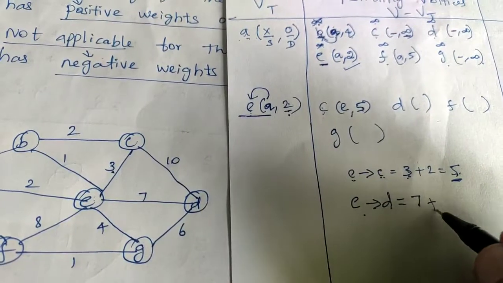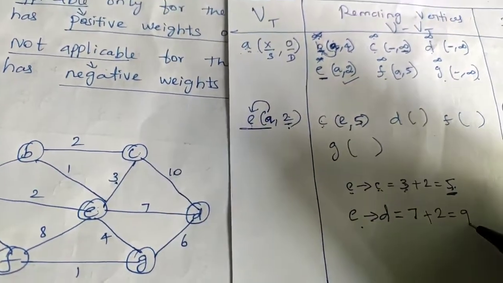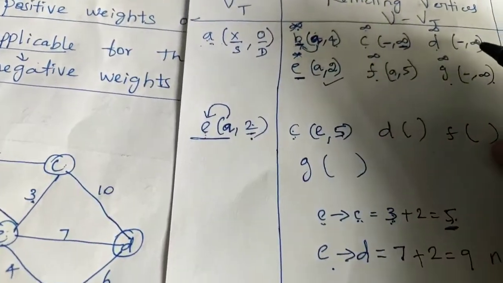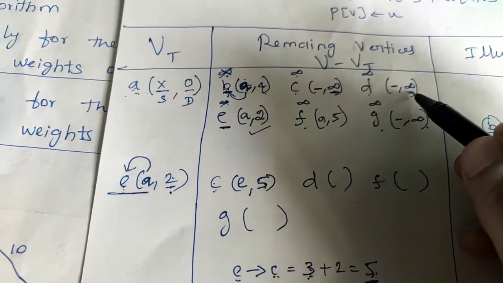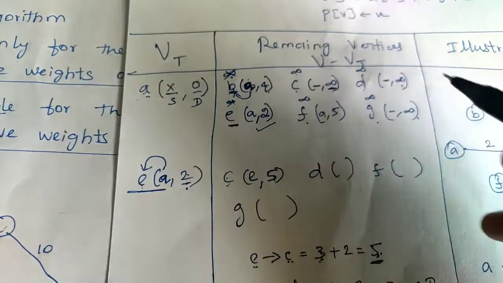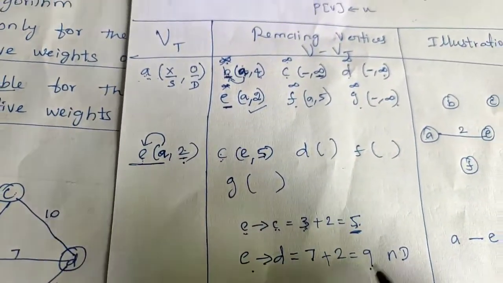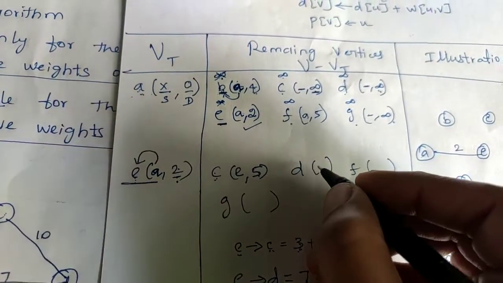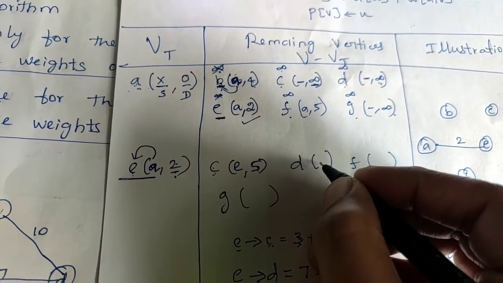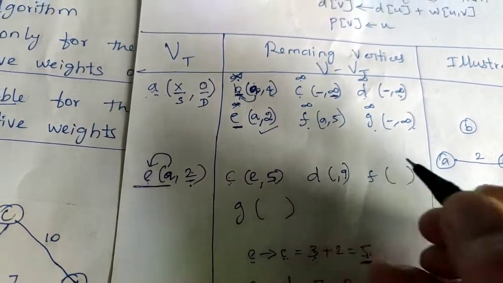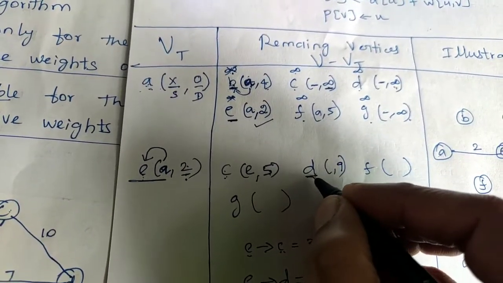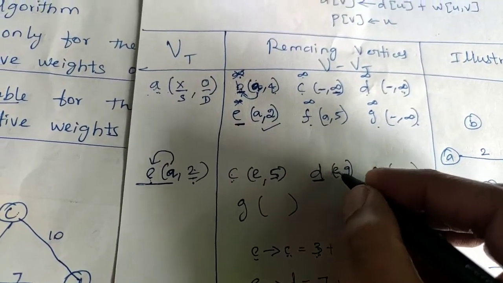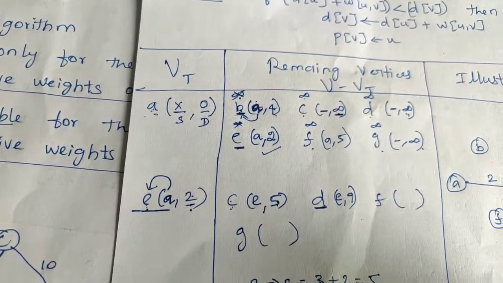So 7 plus 2, it will be 9. So this is the newly calculated distance. What is the existing distance of your vertex D? Infinity. 9 is less than infinity. So I am just going to update the distance as 9 here. From where I have visited the vertex D? From E I have visited the vertex D.